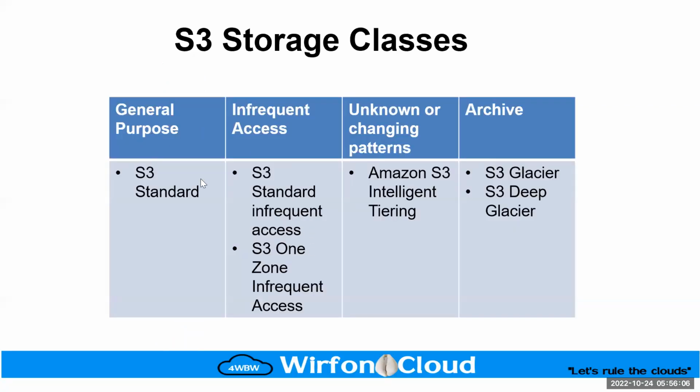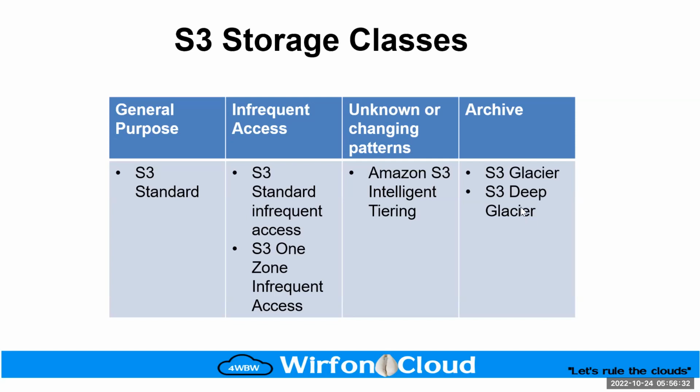For general purpose, you think of S3 Standard. For infrequent access, you think of S3 Standard-Infrequent Access and S3 One Zone-Infrequent Access. For unknown or changing patterns, we have Amazon S3 Intelligent-Tiering. And for archival, we have S3 Glacier and S3 Glacier Deep Archive.